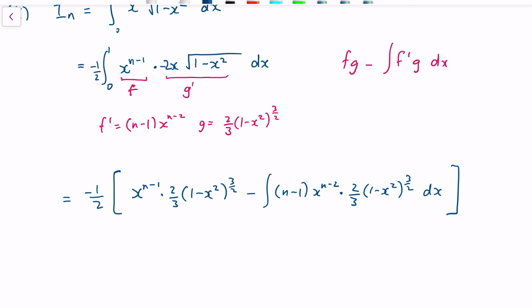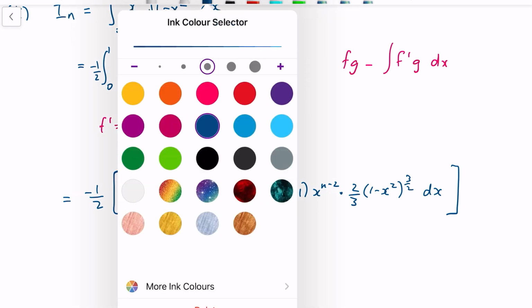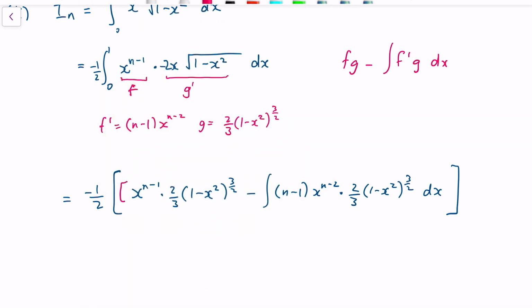But there's a shortcut for definite integrals. What you do is you evaluate this part between 1 and 0, and then you integrate this part between 1 and 0.